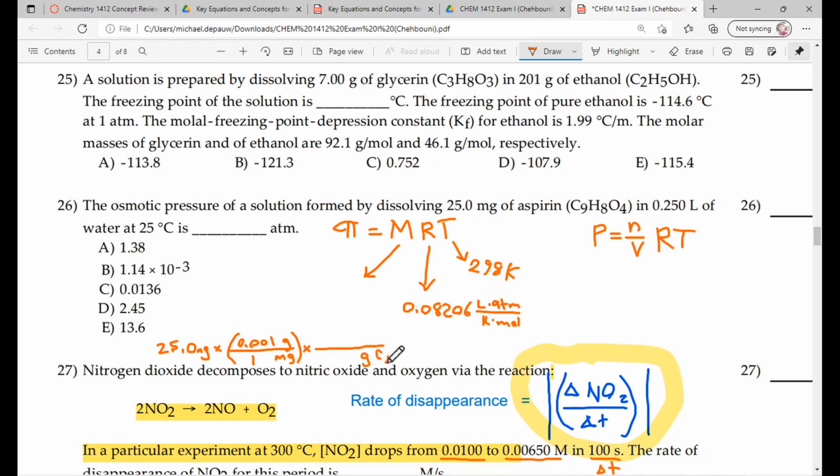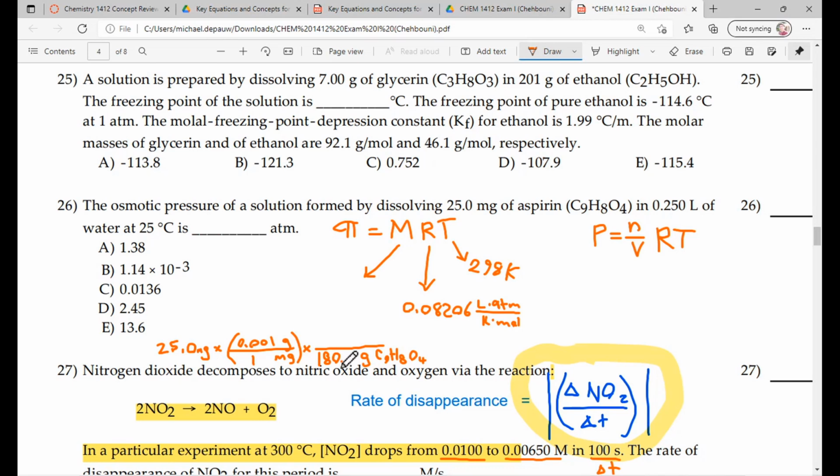C9H8O4. So 168. Oh wait, no. It's 180.159.